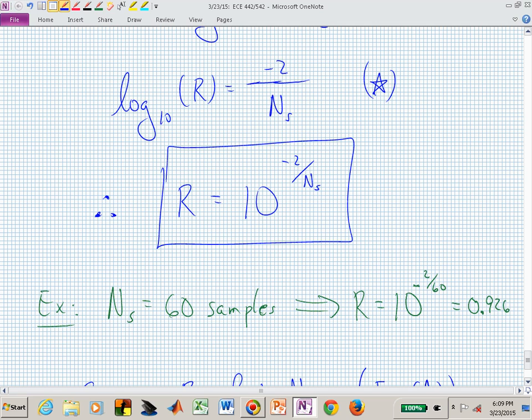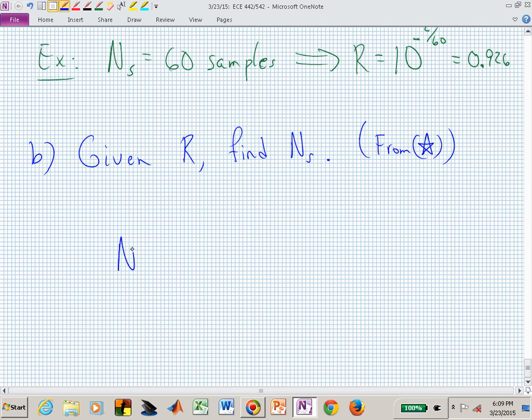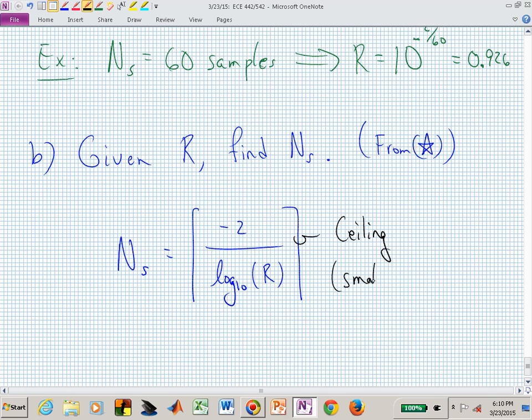And we could then, who knows if I have the right notation, say something like N sub S is now -2 over log base 10 of the magnitude of the poles, and I'm saying that this is now some ceiling operation, which is going to take the smallest integer exceeding the argument, if that makes sense.